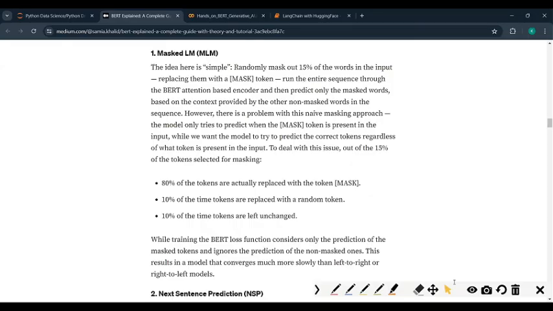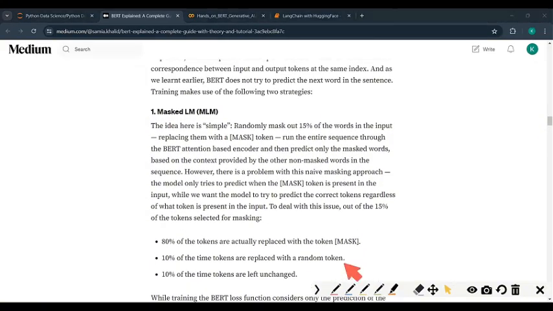What was the tokenization concept used in the previous BERT? On the basis of that tokenization, it is separating. Now, BERT uses these two things. BERT does not try to predict the next word in a sentence.